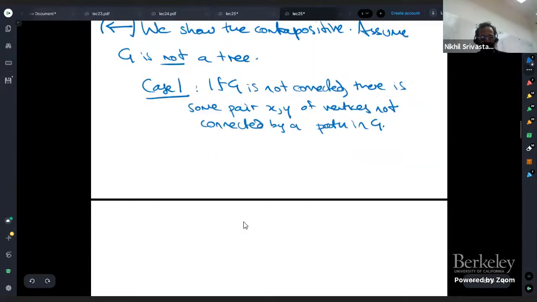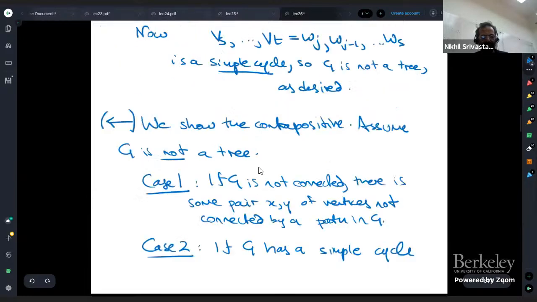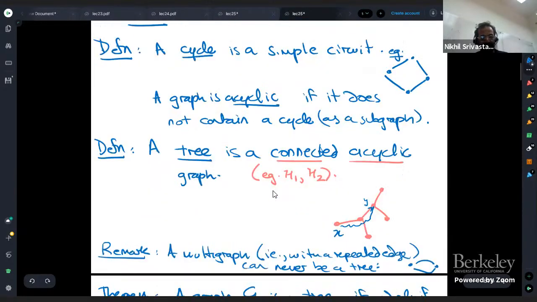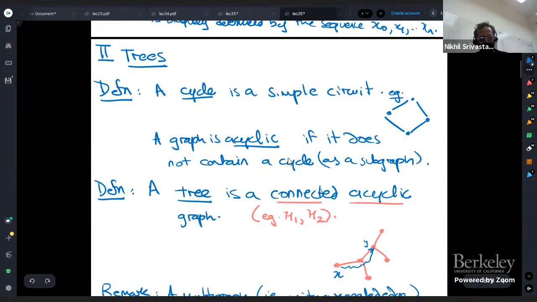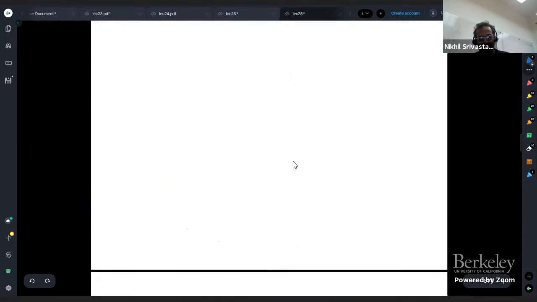Okay, that's kind of a trivial case. The second, more interesting case is that G has a cycle. So if G has a simple cycle, so remember that's the definition of a tree. Acyclic means it doesn't, sorry, if G has a cycle, a simple circuit.